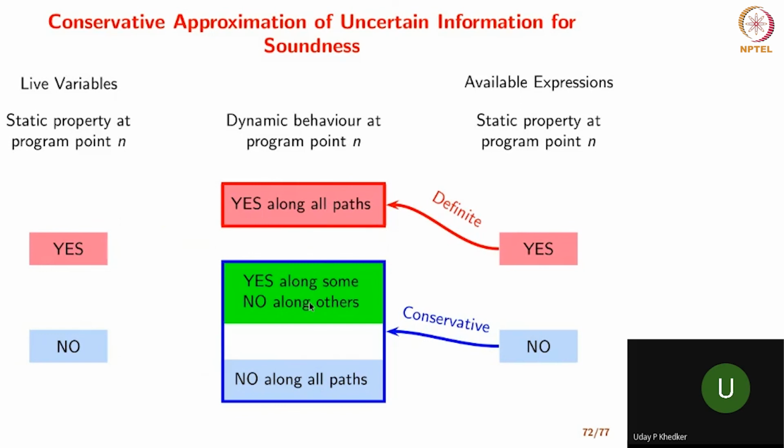If it is no along some path, even though it may be yes along some path, we will still say no. So we are marking it as conservative. Meaning uncertainty with no, making it conservative and marking it no in available expressions analysis.